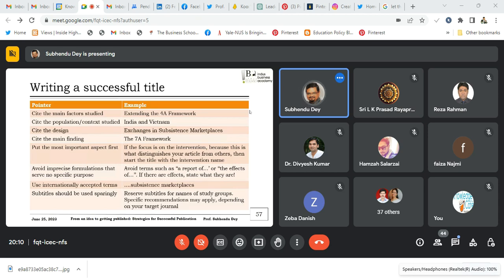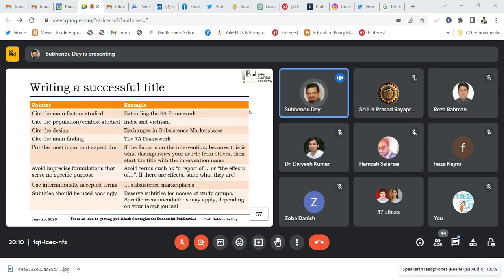Whenever you're submitting a paper, please go through those, and when you have a tick for everything, invariably you will see that your paper is much better. And of course you'll get the reviewers' comments.